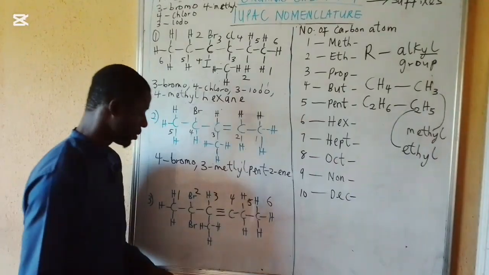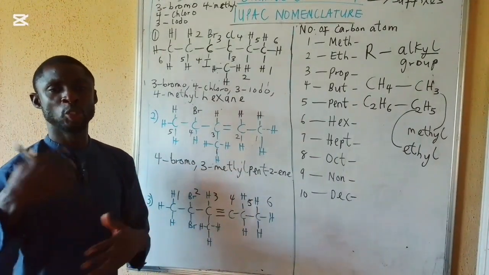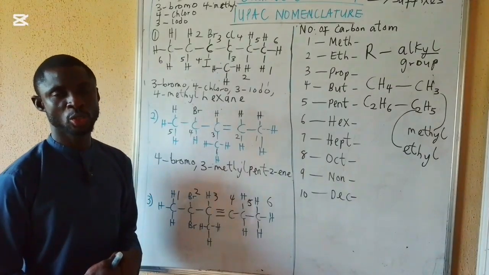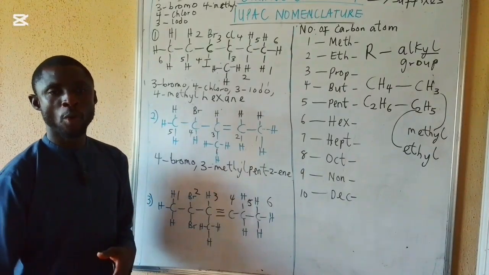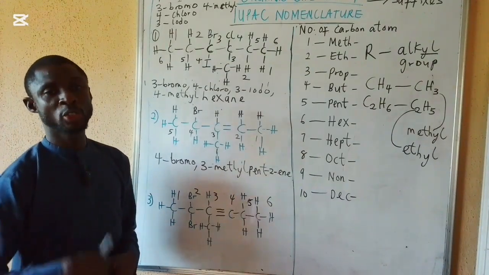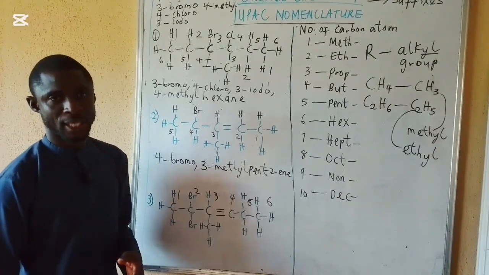Another thing you have to consider is that your substituent can appear more than once in your structure. If a particular substituent appears more than once in your organic compound, you are going to introduce the prefixes like di, tri, and tetra.